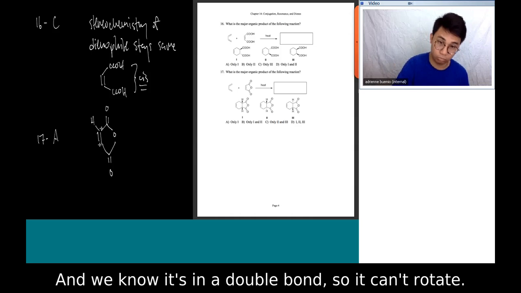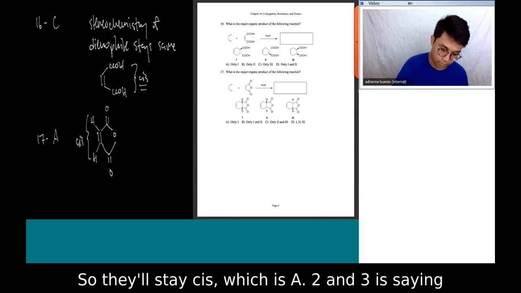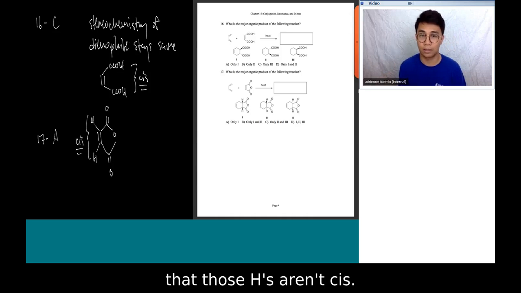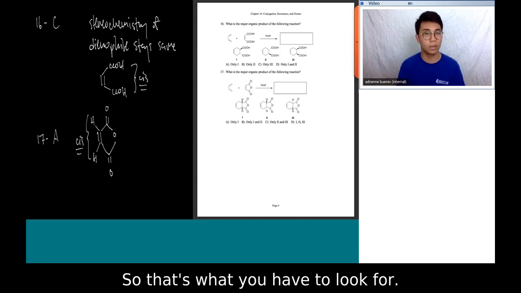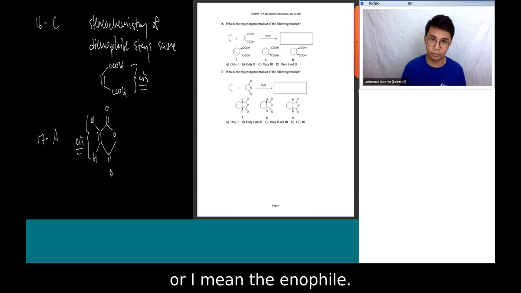And we know it's in a double bond, so it can't rotate, and these are cis as well. So they'll stay cis, which is A, right? 2 and 3 is saying that those H's aren't cis, so that's what you have to look for. Just don't forget about the stereochemistry of the dienophile, right?